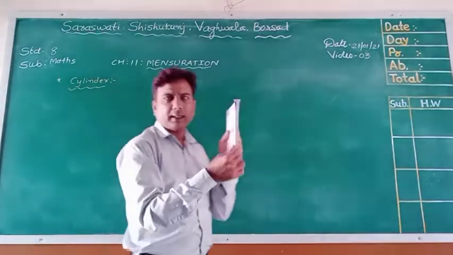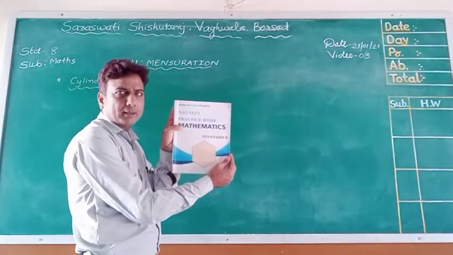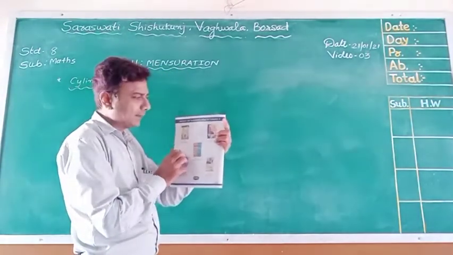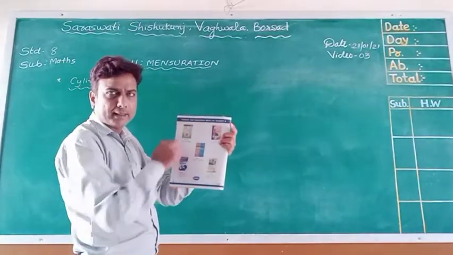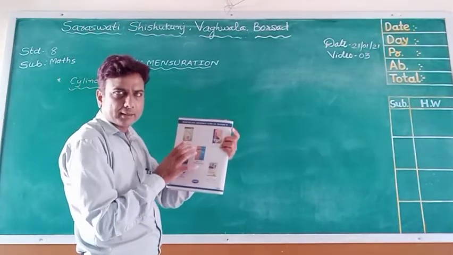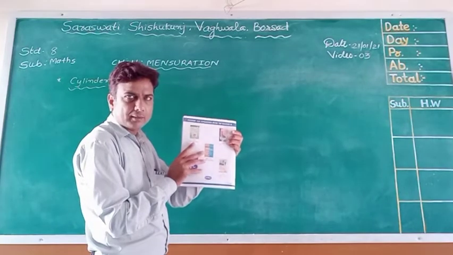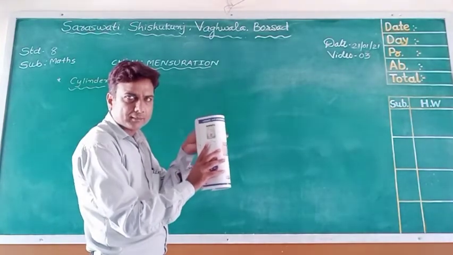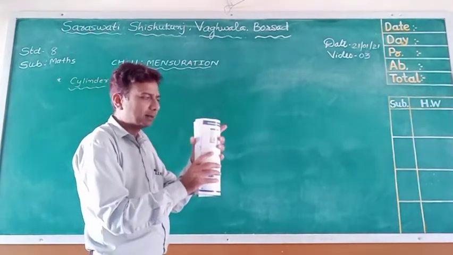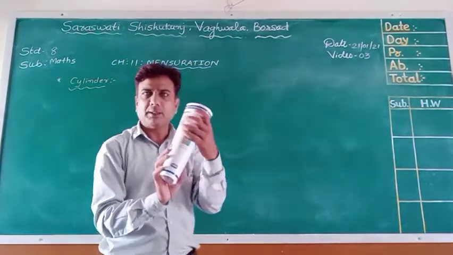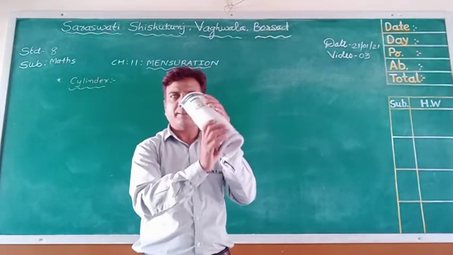So see this, I convert this rectangle shape into a cylinder. Simply I rebend this. Yes, so this becomes a cylinder.